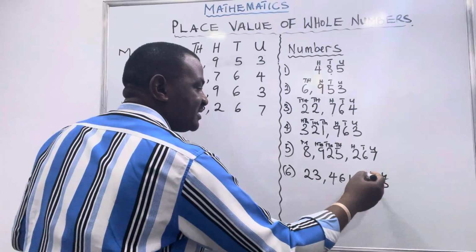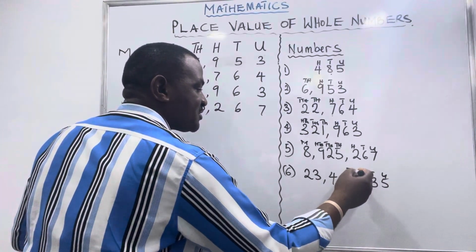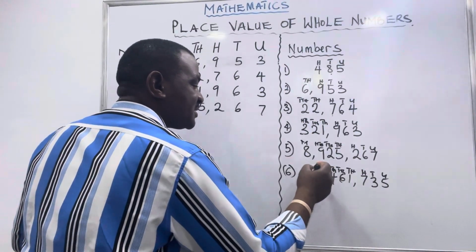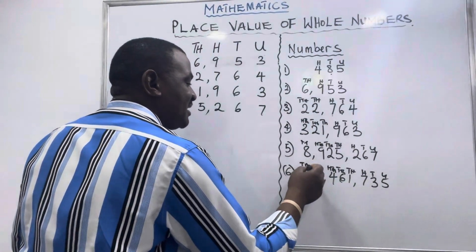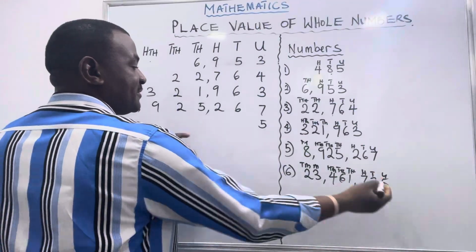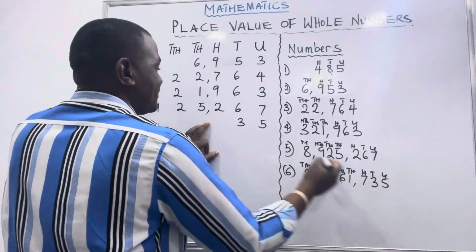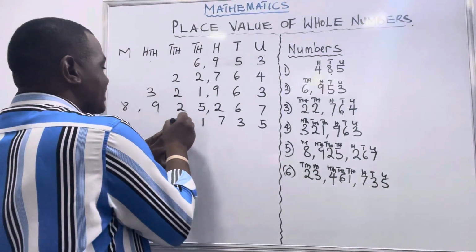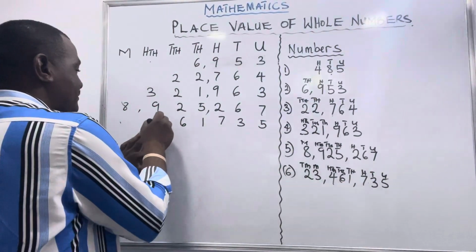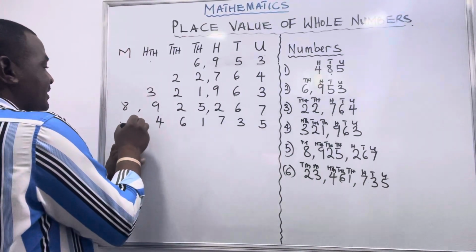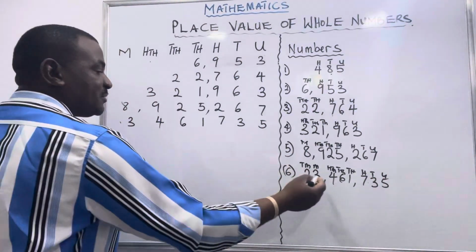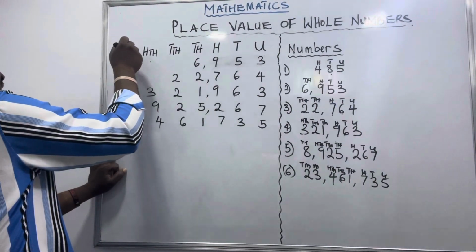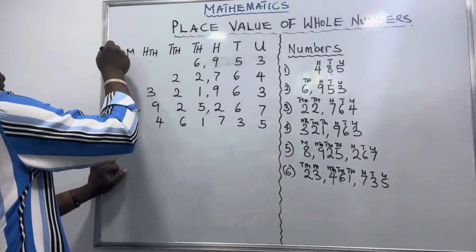Units, tens, 100, 1,000, 10,000, 100,000, million, 10 million. Now let's go: 5, followed by 3, followed by 7, followed by 1, followed by 6, followed by 4, followed by 3, then followed by 2 million, then 10 million.